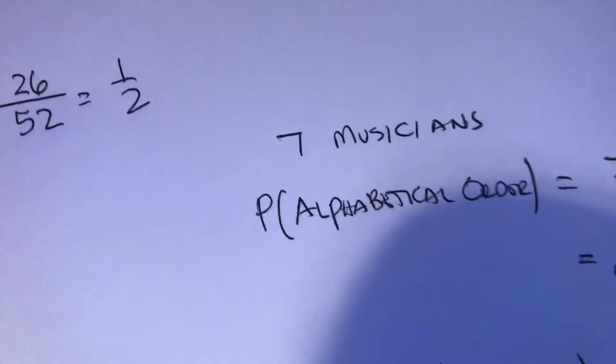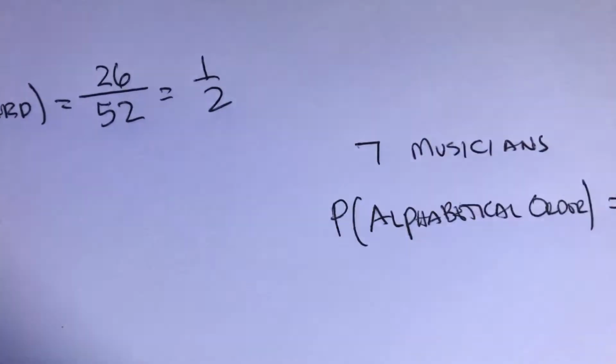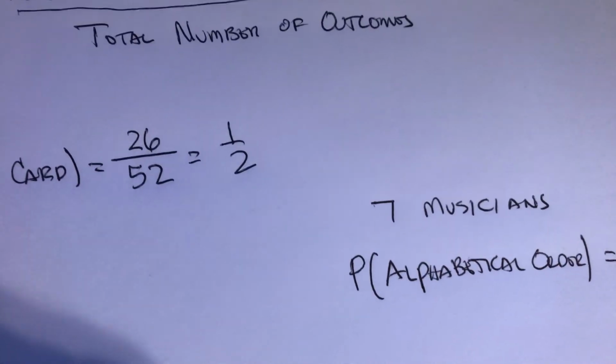Another way of dealing with probabilities is the idea of odds, the odds in favor or odds against. Now we define odds in the following way. First of all, events must be equally likely to calculate the odds.